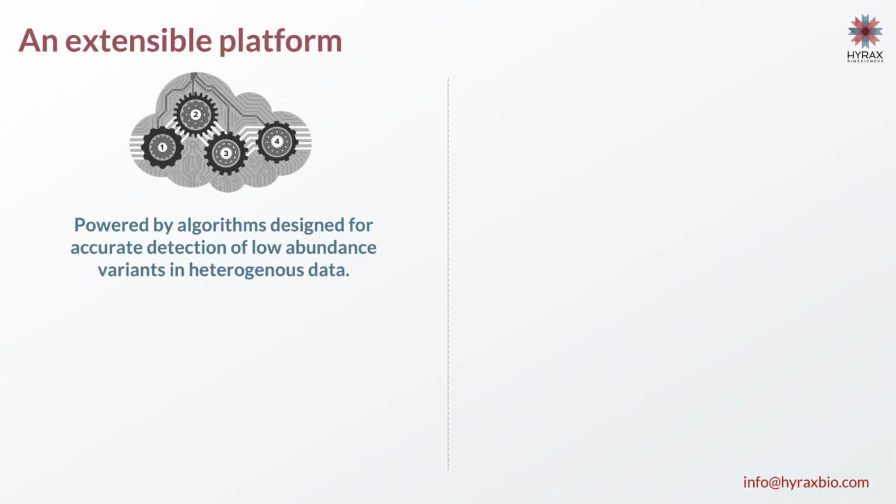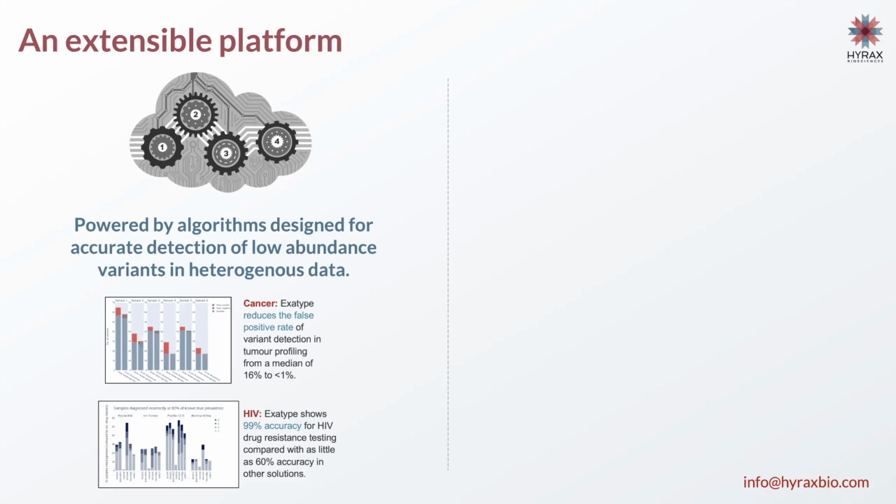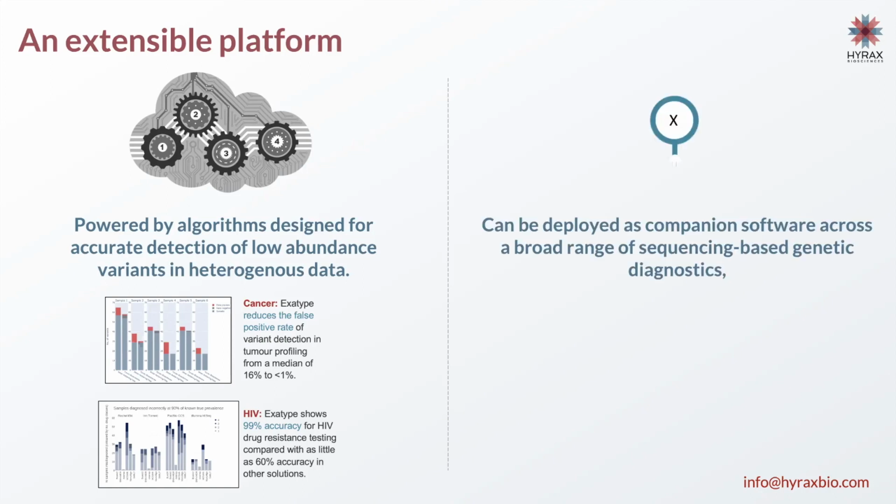And that is particularly pertinent for some types of diagnostics. For example, we've done some work in cancer that shows that these algorithms reduce the false positive rates in profiling of breast cancer tumors from a median of 16% down to less than 1%. So you can understand that from a clinical perspective, this level of accuracy is incredibly important. We've also shown similar results for HIV drug resistance testing as well.